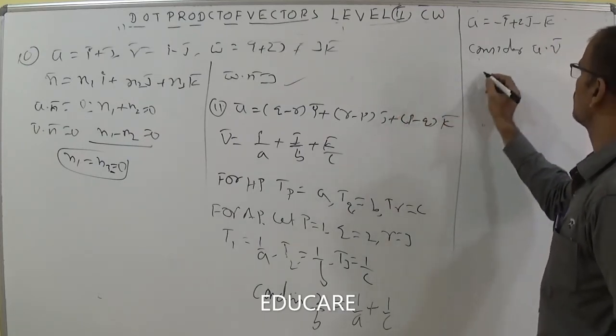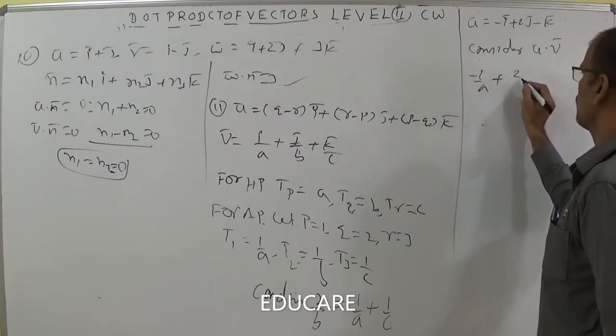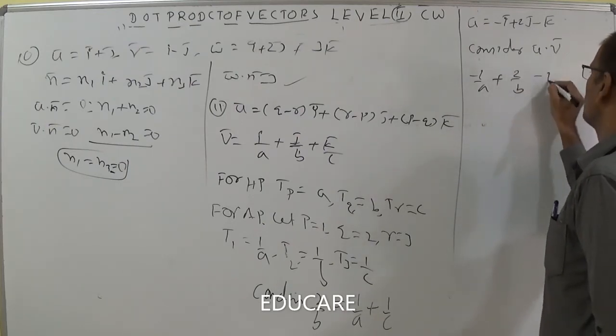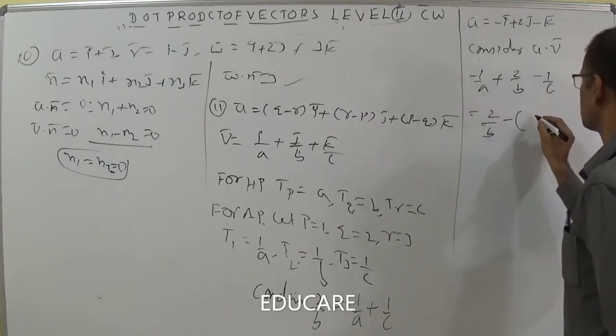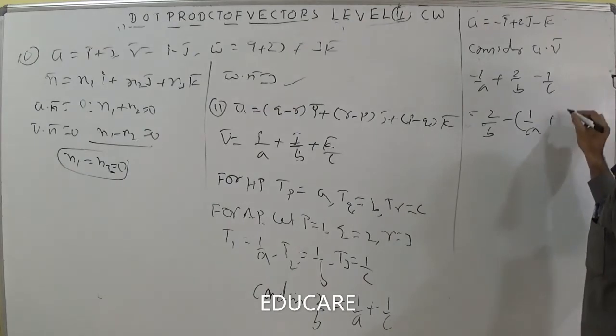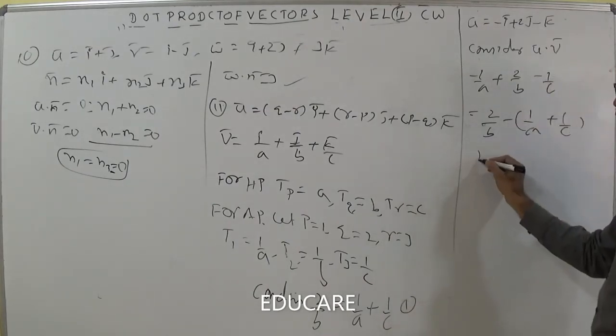If U bar dot V bar we do, it becomes minus 1 by A plus 2 by B minus 1 by C. So you can write here 2 by B minus of 1 by A plus 1 by C. Condition you put here equation 1.